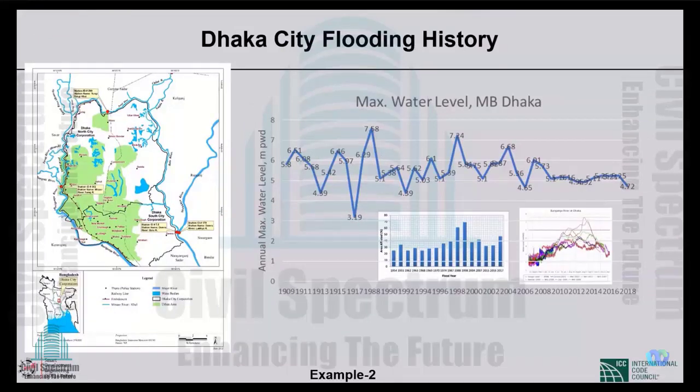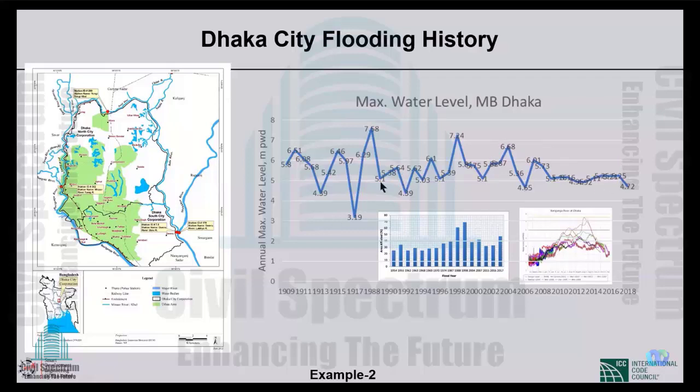Here is a hydrograph. This is one location in Dhaka city on the Buriganga. From there, we extract the time series data, daily data, and from it the yearly maximum data. Every year, one data point, and we plot this line. So it is the maximum water level in a year for Dhaka.